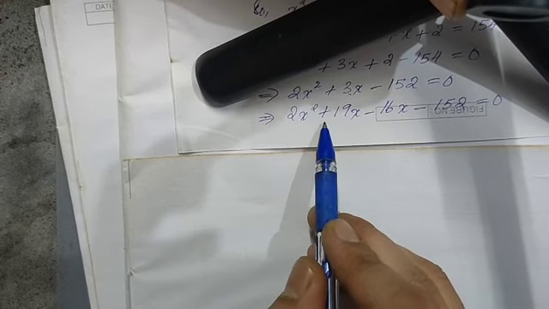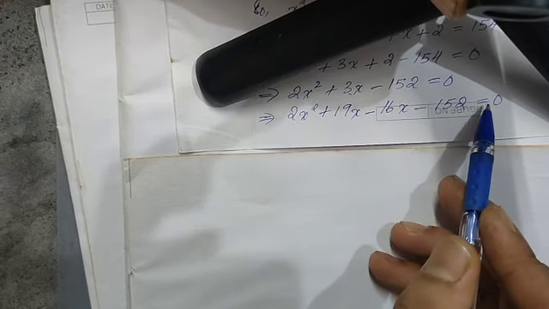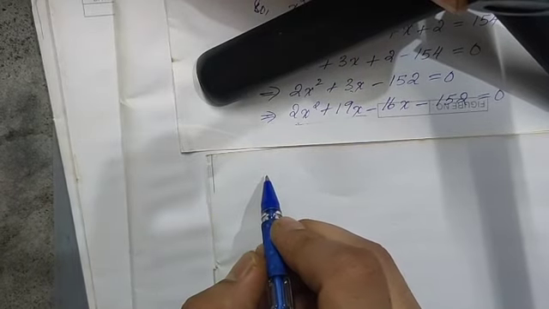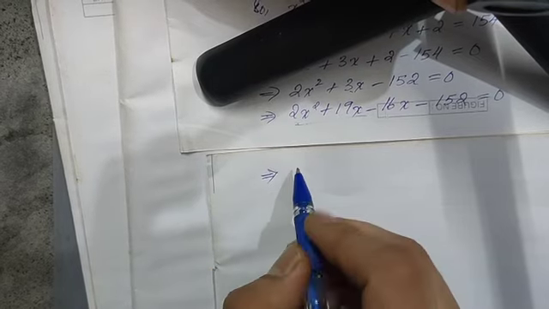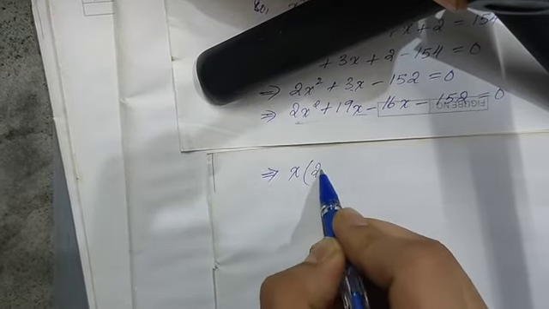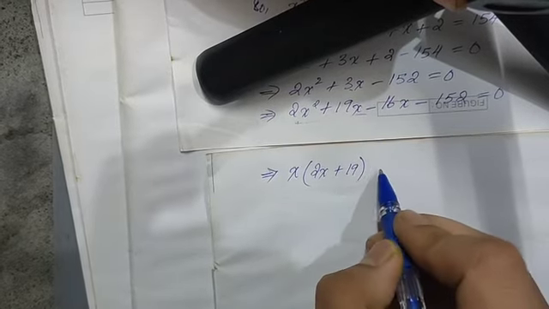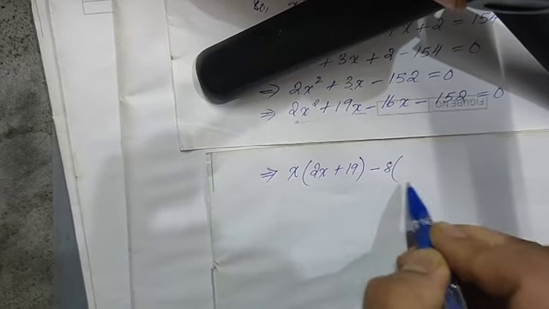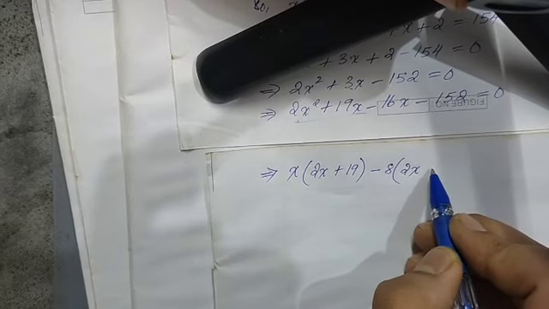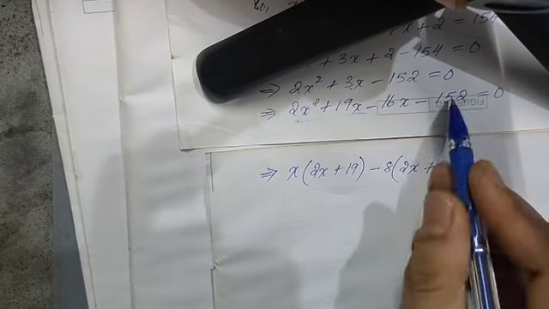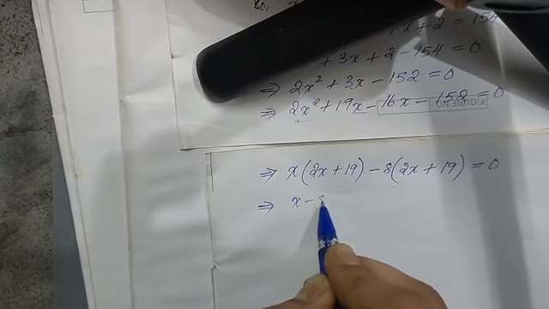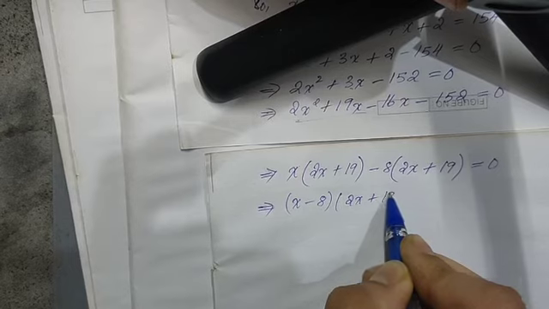Taking common factors: x common from the first two terms, and 8 common from the last two. We get x minus 8 into 2x plus 19 is equal to 0.